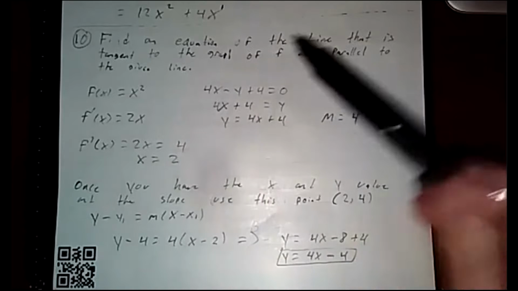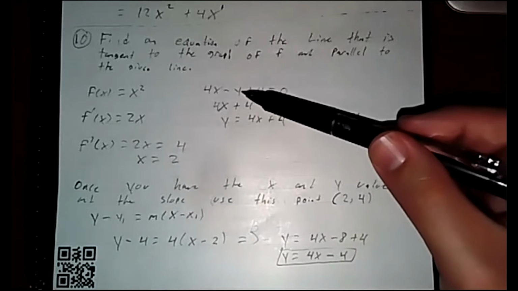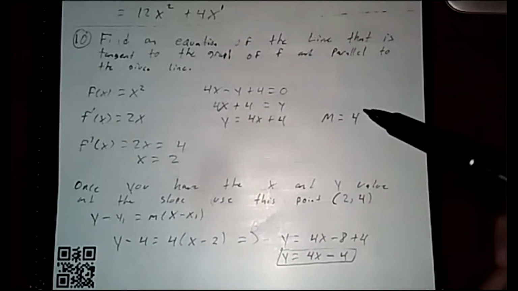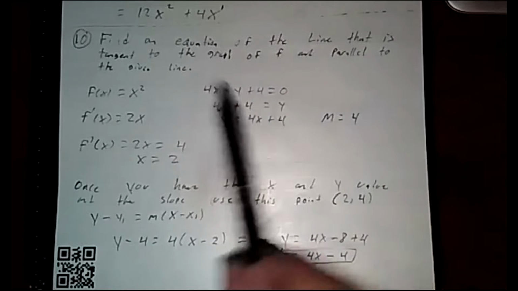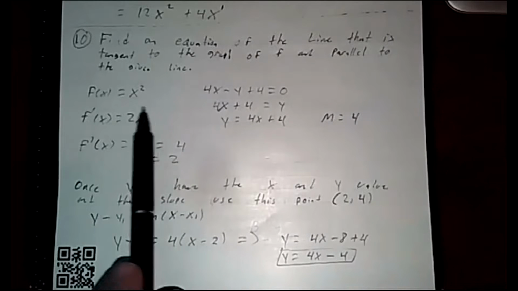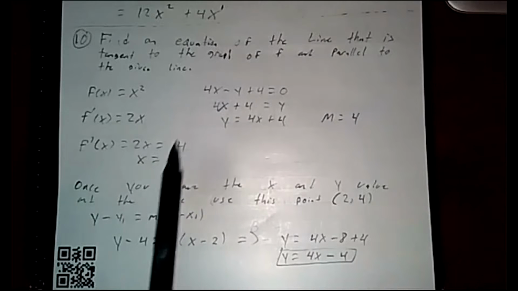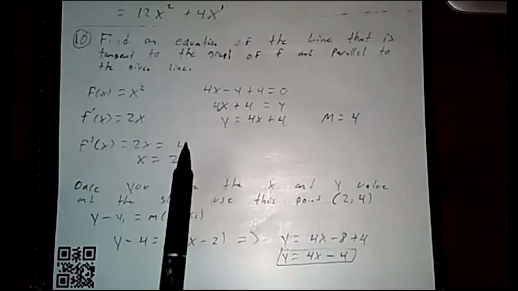So you start here and solve for y. Once you do that, you have your slope. You set this slope, or whatever slope you get, equal to the derivative. Your derivative would be 4x. So you'd have 4x equal to whatever you got here for your slope.